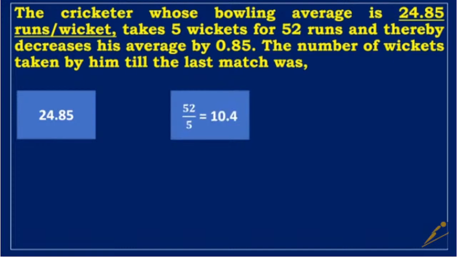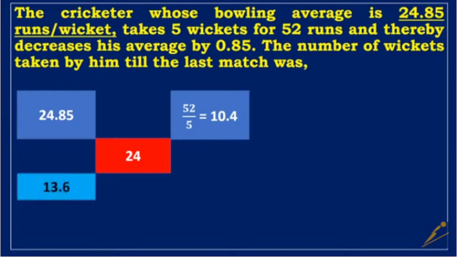We also know that his average decreased by 0.85 runs per wicket after the last match, hence the average was 24. Take the cross difference on both sides, we get before the last match 13.6, and in the last match alone 0.85. In order to avoid decimal values, multiply the values by 100.